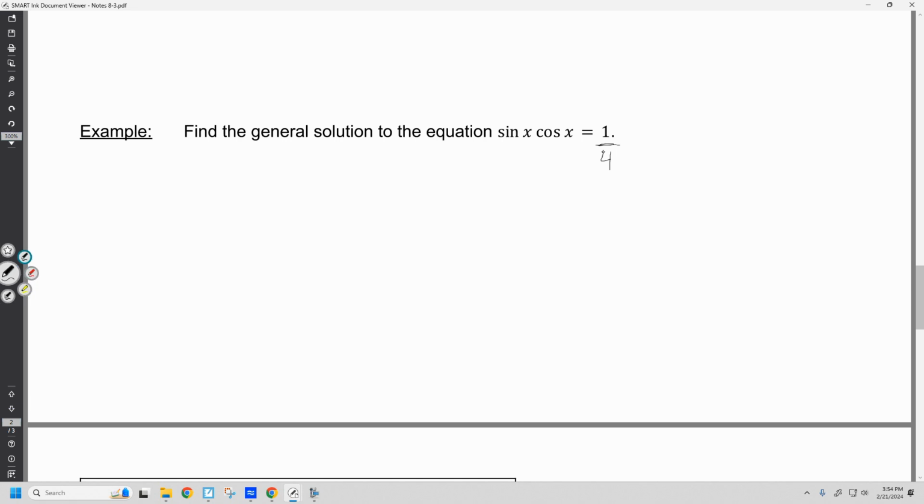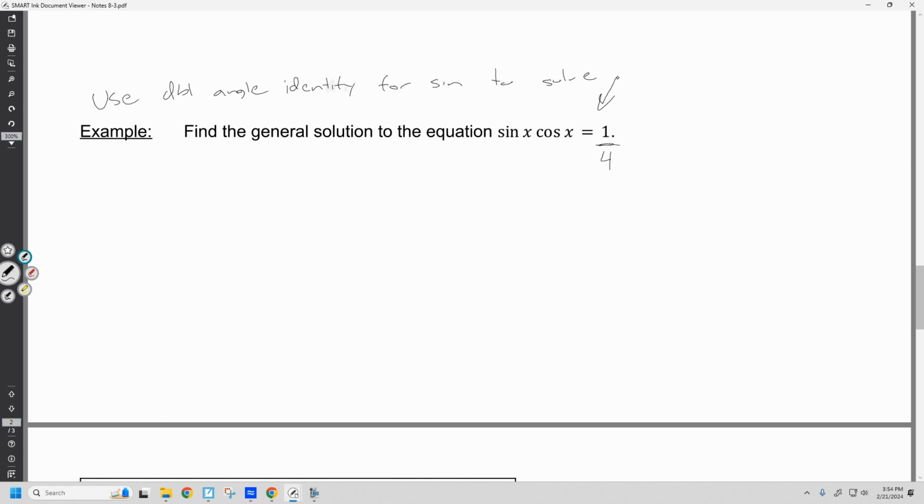Now, usually you're going to be told, like they try to hook you up on the AP exam. They're going to say, hey, use the double angle identity for sine to solve or find the general solution to that equation.